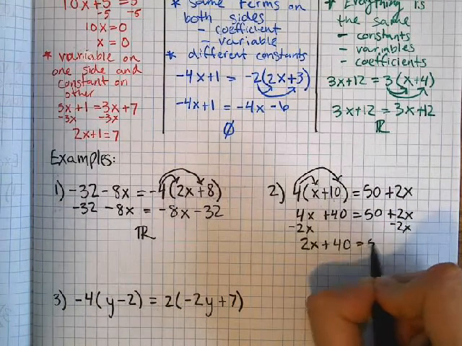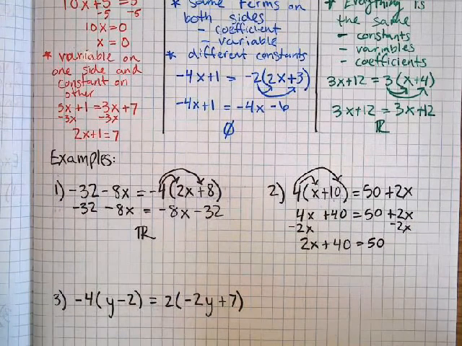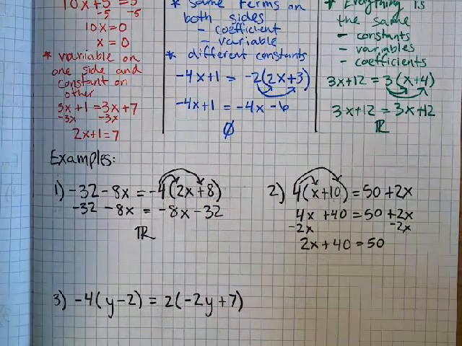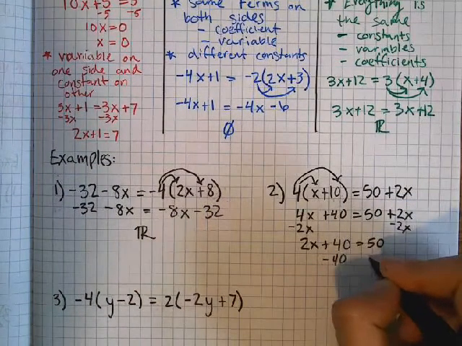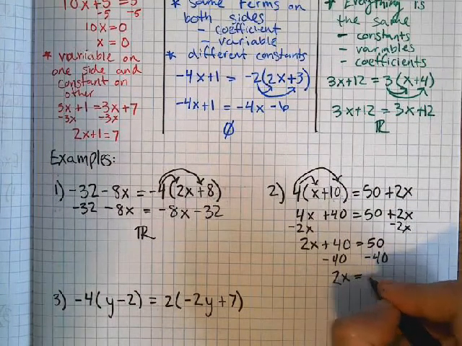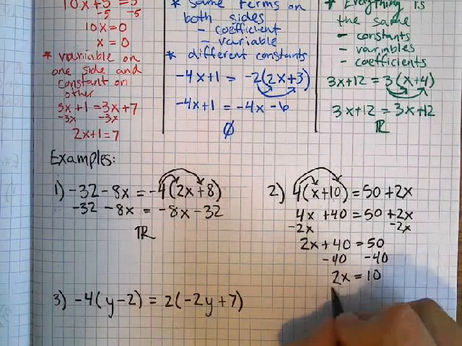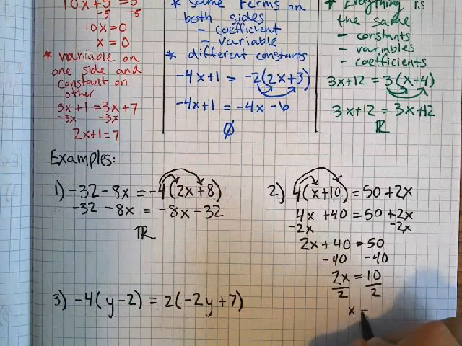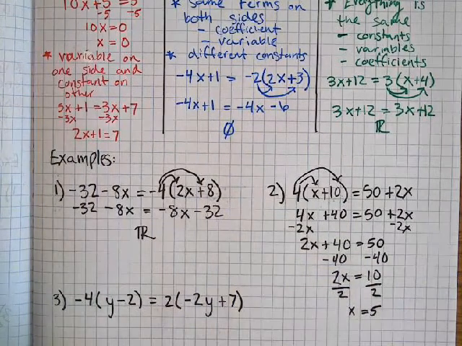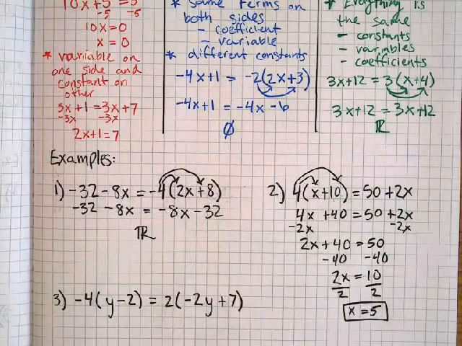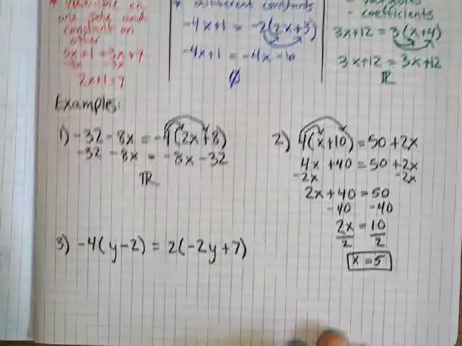And you could subtract the 4x if you want, but that would have more negatives than what I want. If I can not have a negative in a problem, I'm going to do that. Okay, and now we're just kind of solving just like we did in video 2. Okay, and we get x equals 5. Okay, that would be our one solution.